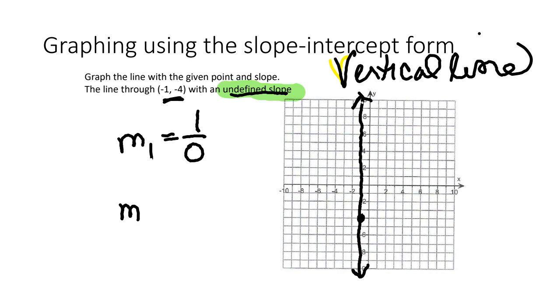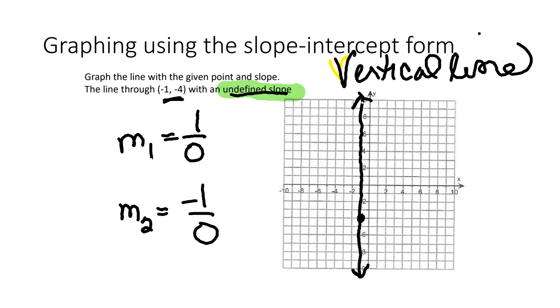-1 over 0. This is saying that I'm going up 1. This is saying I'm going up, but I'm staying.